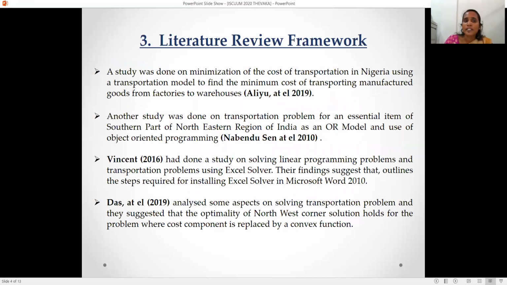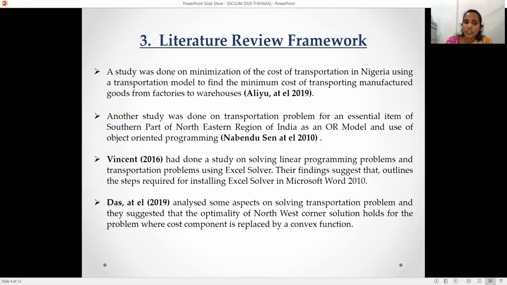We reviewed some literature to find suitable methods. Most of the literature uses the transportation model for finding the minimum cost in various situations of shifting products. Every author uses different methods.